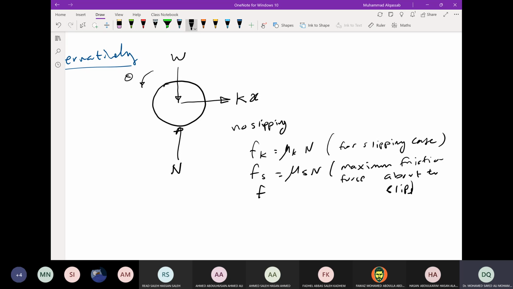So it is just a friction force. We have to add it on the free body diagram. The friction force is opposite to the rotation. The rotation is counterclockwise, so this will give an opposite friction force F, but it is unknown.